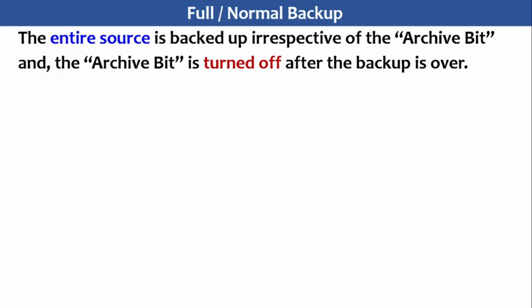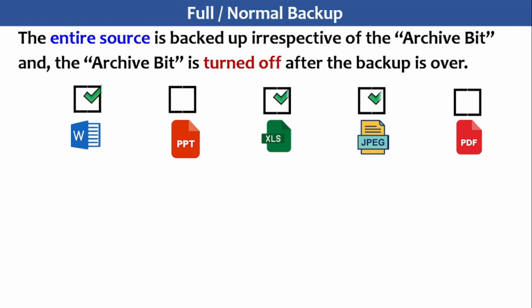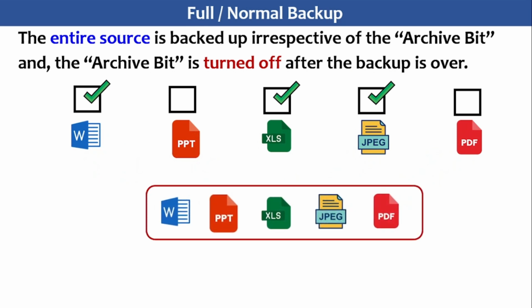Let's take an example over here. Let's say we have 5 files, and this is the status of the archive bit. The Word, Excel and the JPEG file have the archive bit on, the PowerPoint presentation and the PDF file have the archive bit as off. If we take a full backup of these 5 files, all the 5 files will be backed up, because the normal backup states that the entire source will be backed up irrespective of the archive bit.